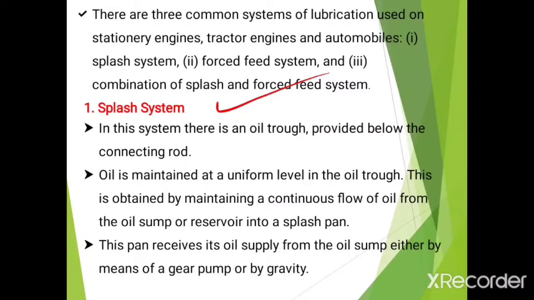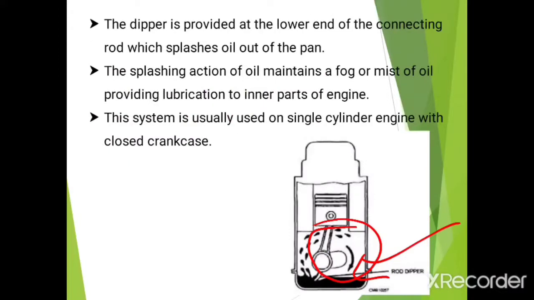This pan receives its oil supply from the oil sump either by means of a gear pump or by gravity. Then a dipper is provided at the lower end of the connecting rod, which splashes the oil out of the pan.